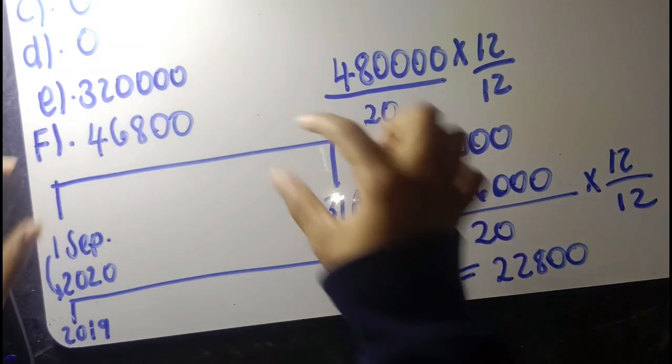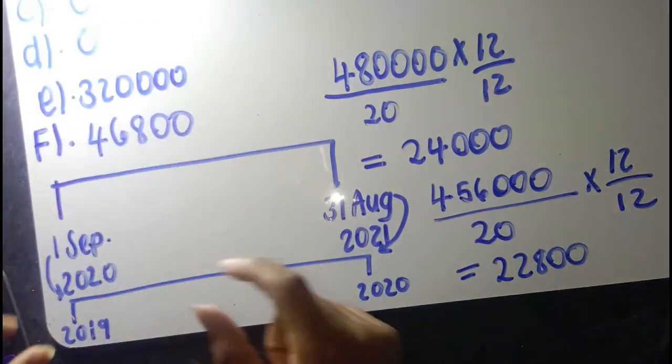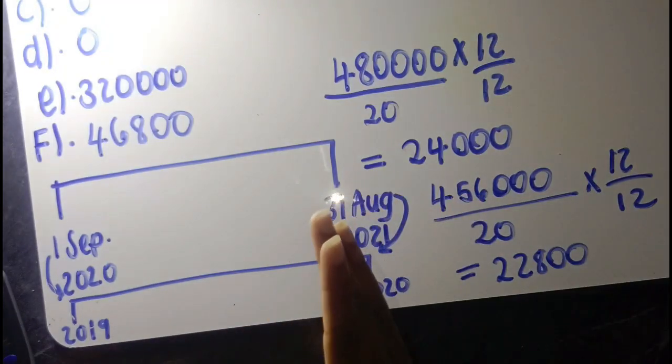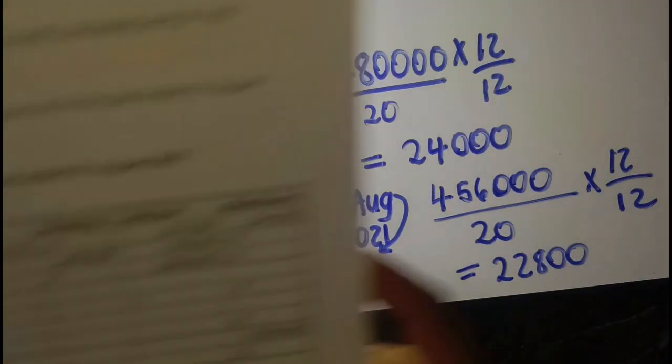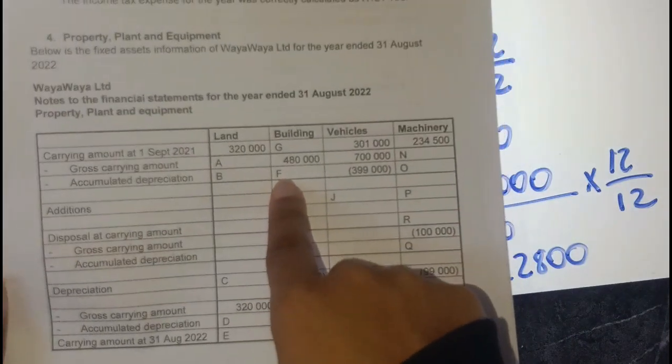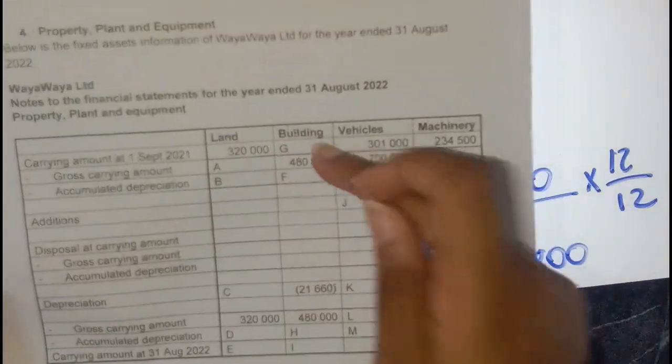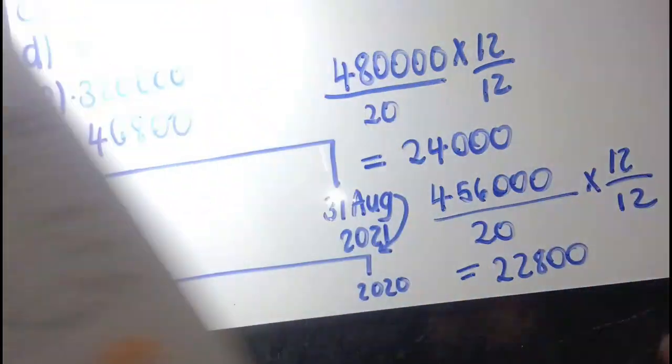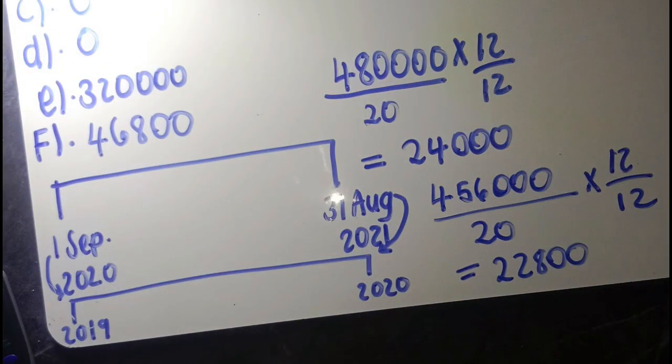Before I erase, you know that this 46,800 is accumulated depreciation at the beginning. We're calculating this figure, this one, right? So obviously to get G, we're gonna say 480 minus F, and we're gonna get G. But let's do that now.